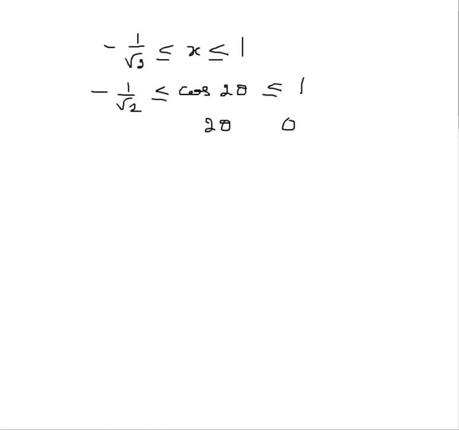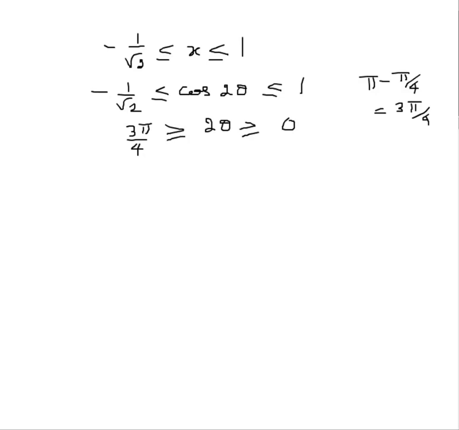So pi minus the 45 base angle, which is 3 pi by 4. The principal value branch for cos inverse is the closed interval 0 to pi, so I have to write the second quadrant angle, and I have to reverse the inequality. You can make out from the values itself, 0 here and 3 pi by 4 here.